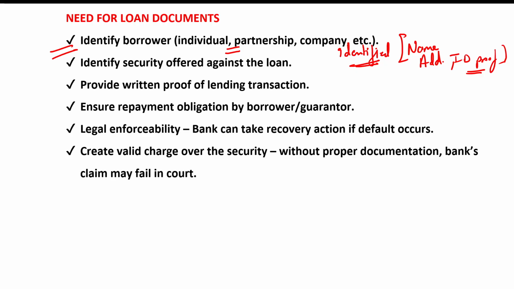Then a written record showing the bank gave money to the borrower. So, this is written evidence, written proof. The documents establish the borrower's and guarantor's legal duty to repay. So there is a repayment obligation.